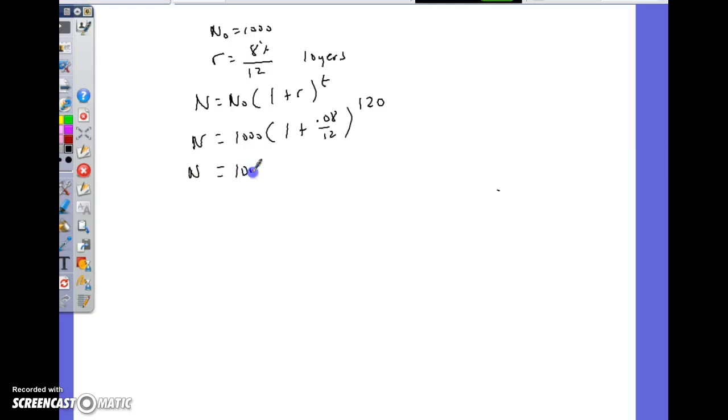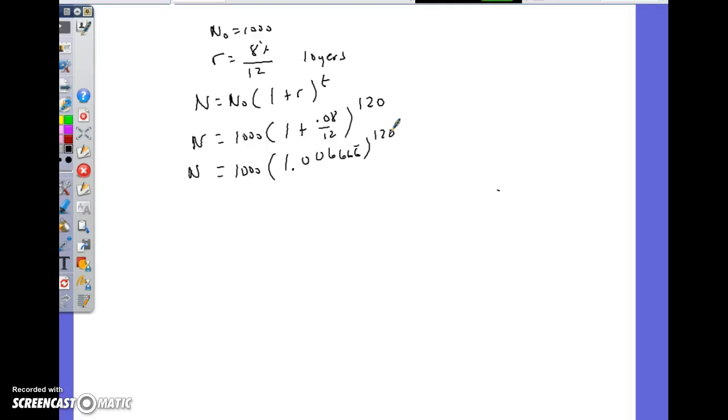We go N equals 1,000 times 1 plus 0.08 divided by 12, and I get 1 plus that, 1 plus answer. And I get 1.006666 repeating to the 120th, right? Your calculator can handle the 120th.